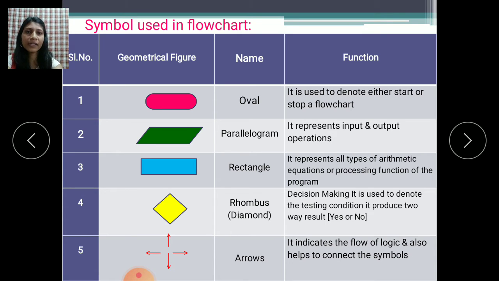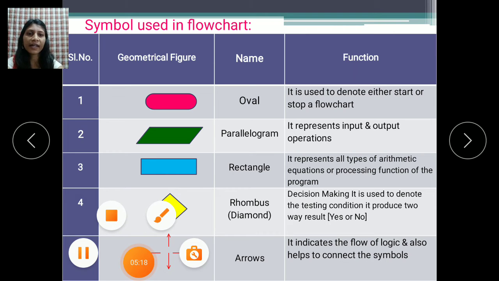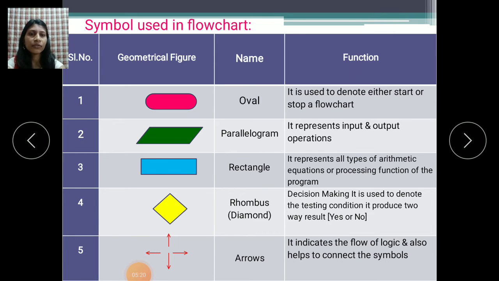Then the third diagram is the rectangle. Where do we use the rectangle? It represents all types of arithmetic equations or processing functions of the program. Whatever mathematical formula you are using in your program, if you want to write it down, use this symbol.